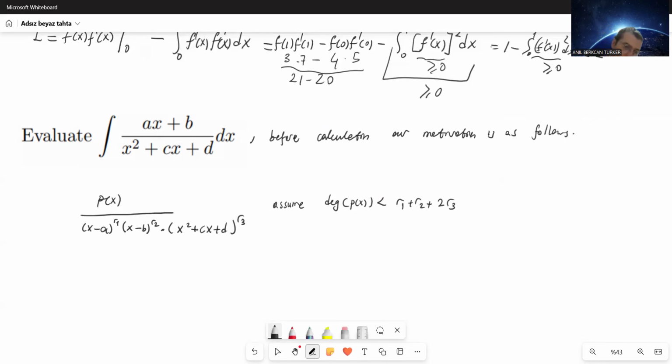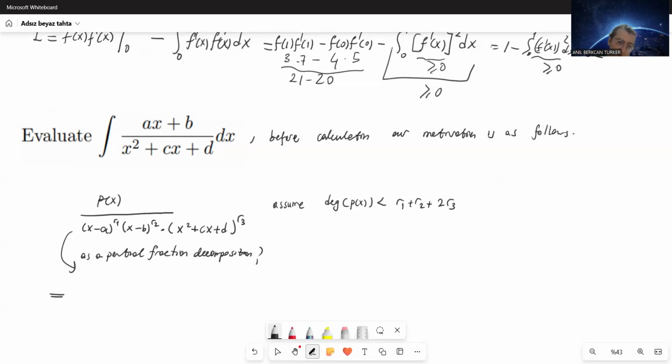But how do we express this as a partial fraction decomposition? It is equal to the following. We have two linear terms. Let's start with one of them.